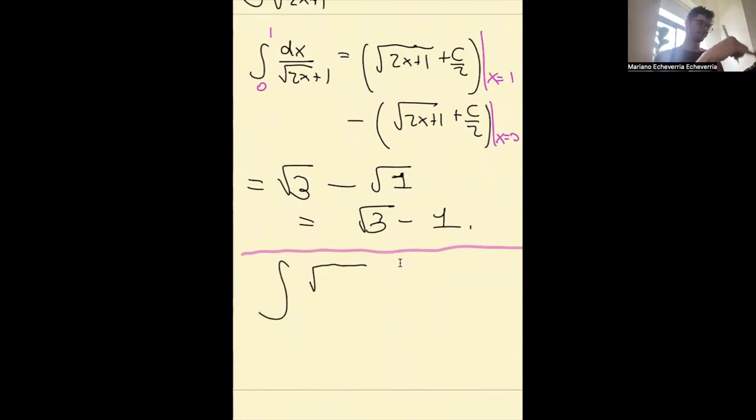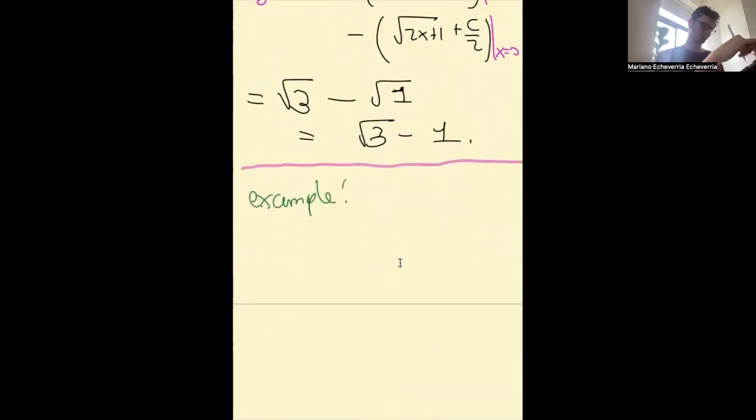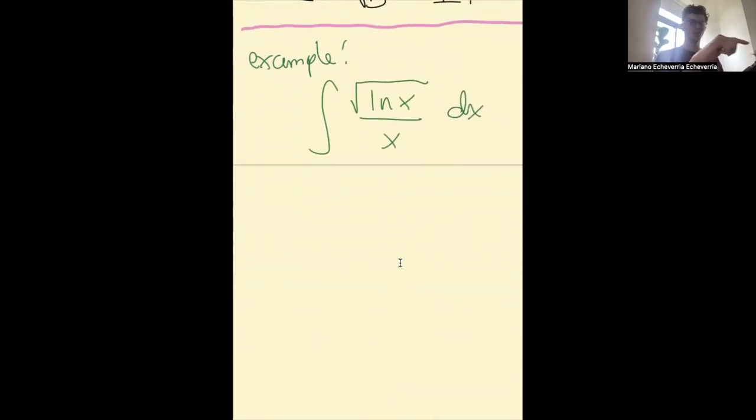Here's another example. So what could be a use of substitution for this case? What do you think might work?